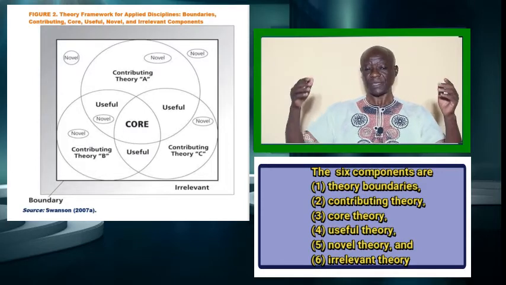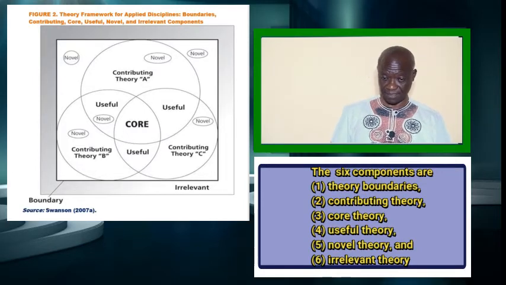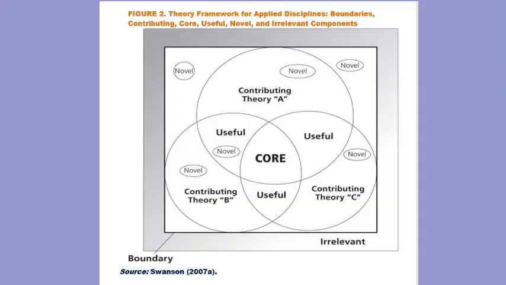For example, a theory of scenario planning might be considered a contributing theory in the applied discipline of strategic management, ladies and gentlemen. Alternatively, a theory of motivation might be considered a core theory in the discipline of organizational behavior. And of course, that is very important.